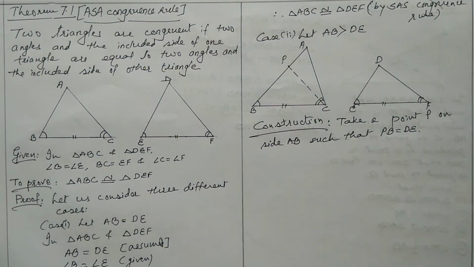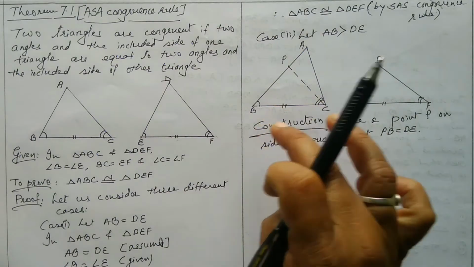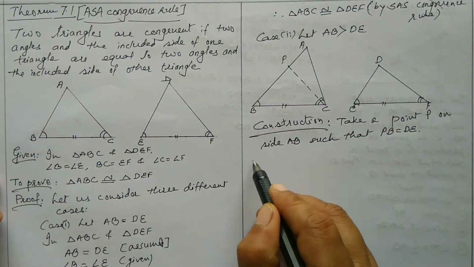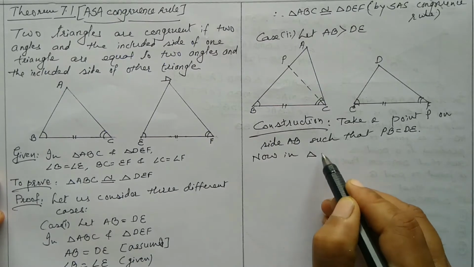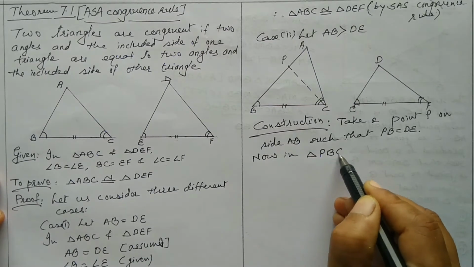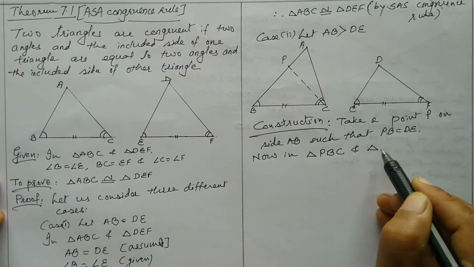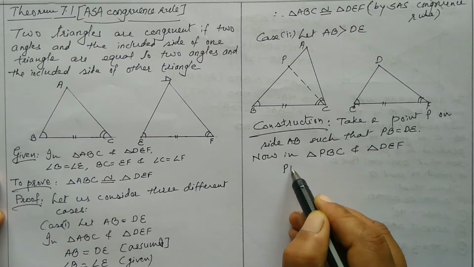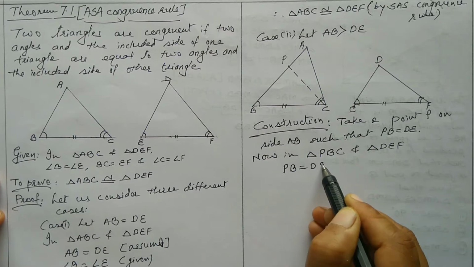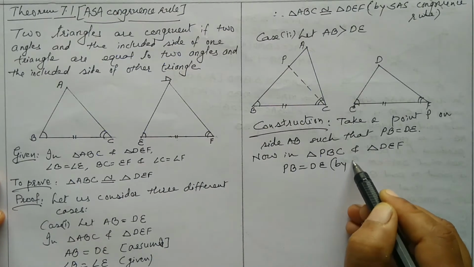Now let us prove triangle PBC is congruent to triangle DEF. In triangle PBC and triangle DEF, PB is equal to DE by construction.